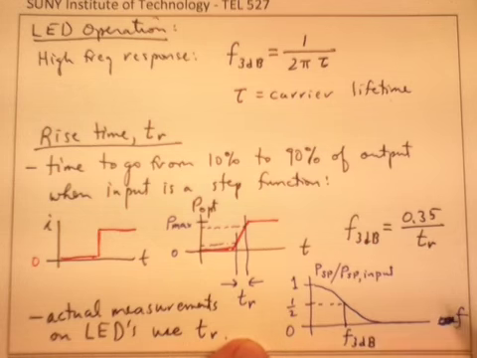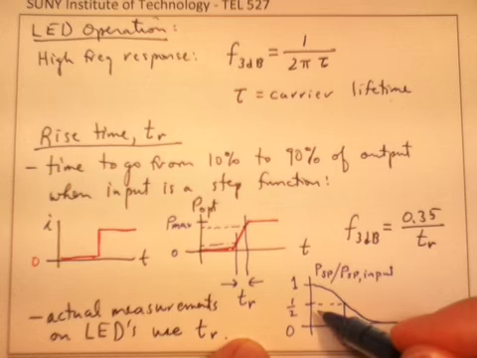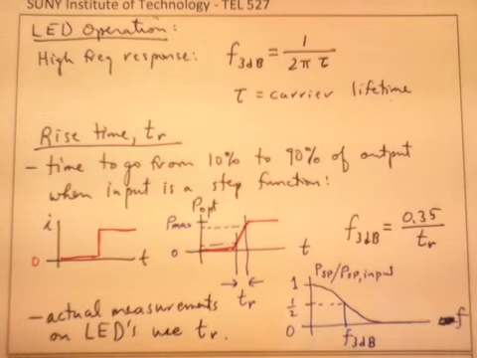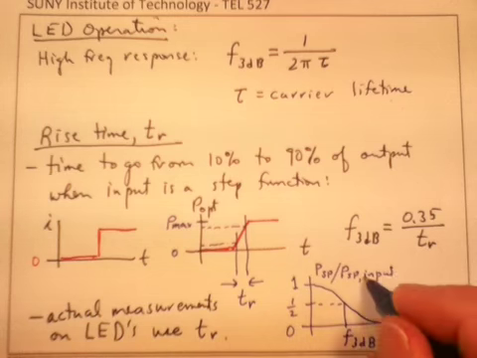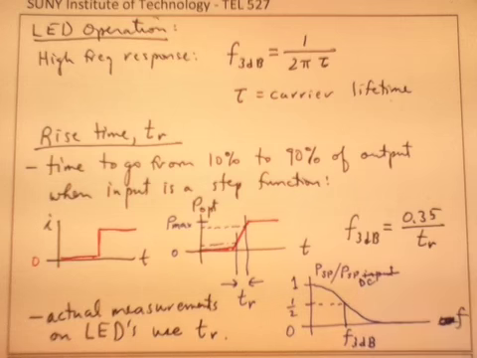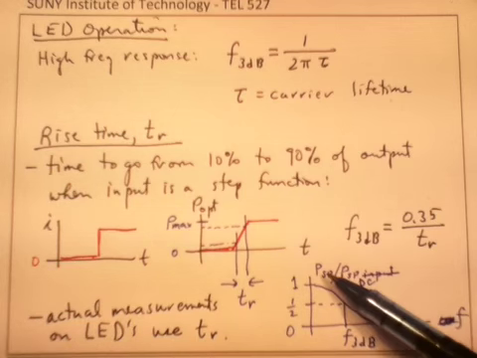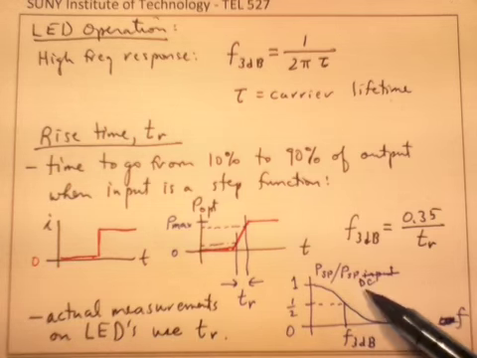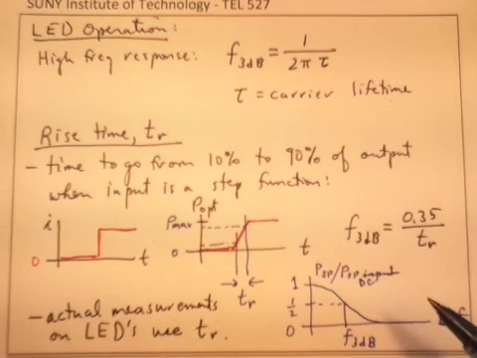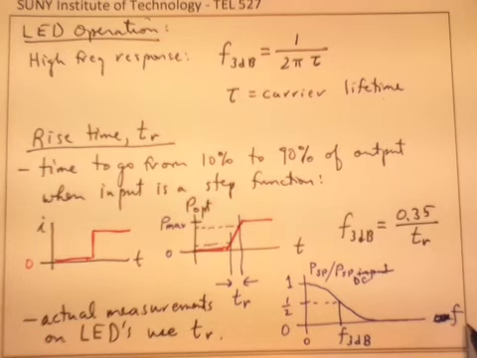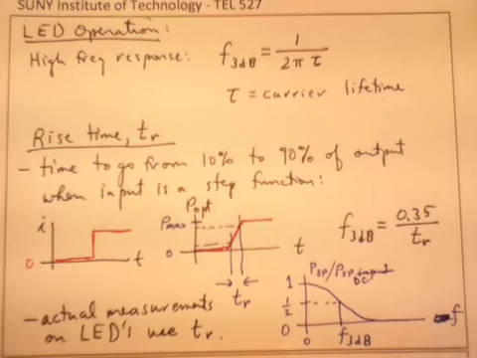So the vertical axis here is PSPDC. There you go. Here's the actual signal power divided by the signal power at DC, which of course goes to 1 at a frequency of 0, which is DC, and then goes down to half at the 3 dB frequency. Hopefully that explains it.